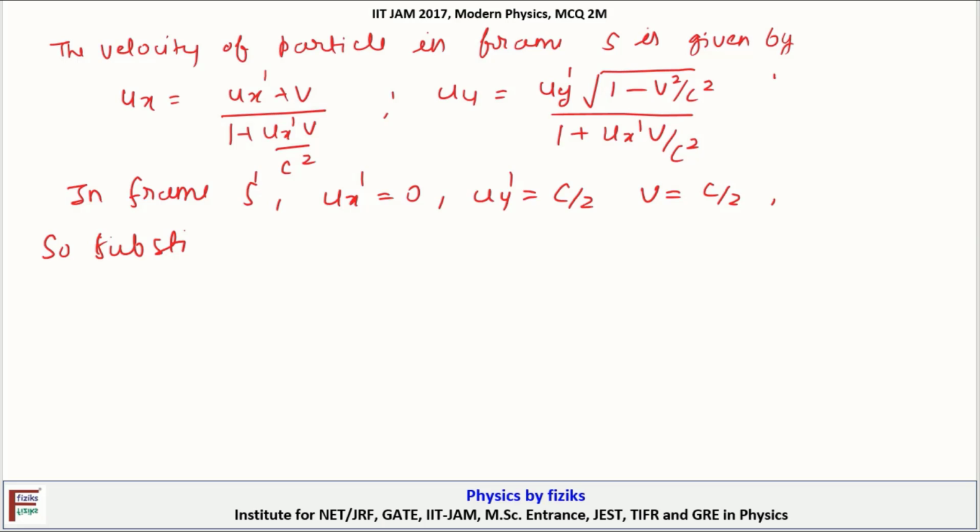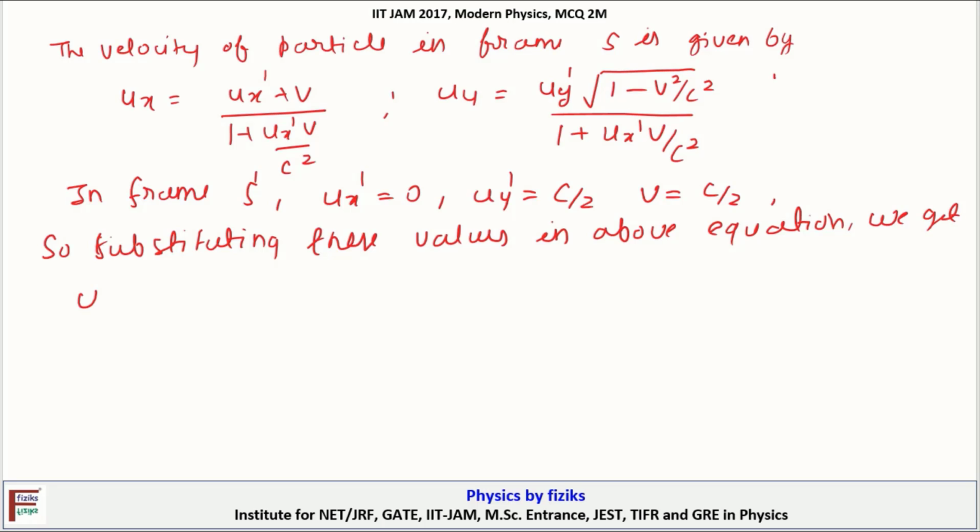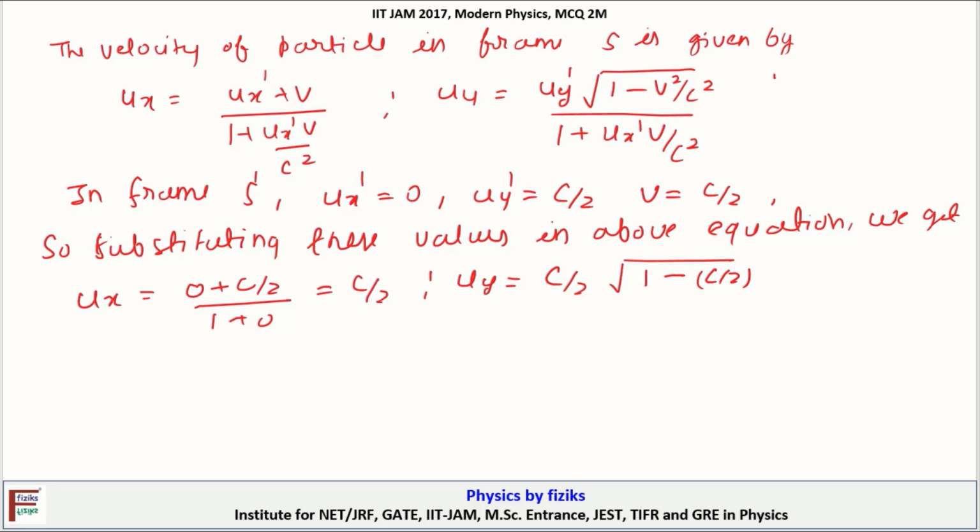Substituting these values in the above equation, we get ux equals (0 plus c/2) divided by (1 plus 0), which equals c/2. uy will be c/2 times the square root of (1 minus (c/2) square by c square) divided by (1 plus 0), which equals c/2 times the square root of (1 minus 1/4), equals root 3 by 4 c.